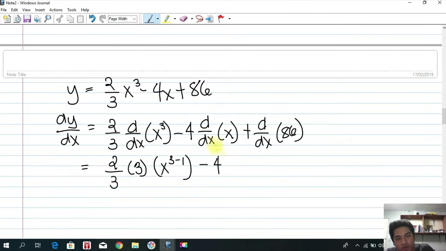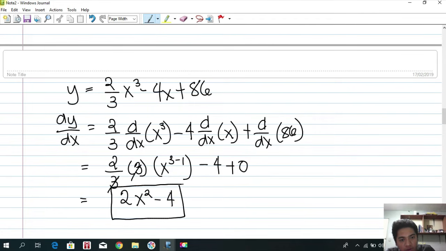So minus 4, the derivative of this x is simply 1. Okay, plus the derivative of this constant, again, the derivative of a constant is 0. So as you can see here, 2/3 times 3, simply the 3 will cancel, and then we will be having 2 times x raised to 3 minus 1, that is x squared minus 4. And that shall be our answer.